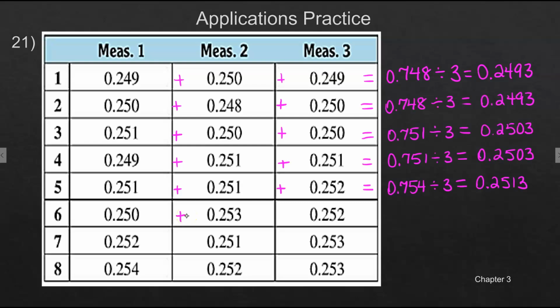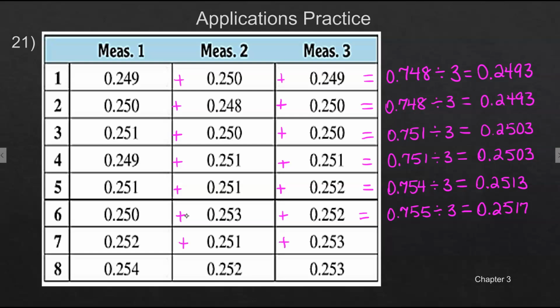All right, so I have part of these written out. I'm going to finish them. Notice that I'm at a point right here where this one has increased from the last measurement. So it went from 0.2503 to 0.2513. And this one also has increased again. That average is 0.2517.